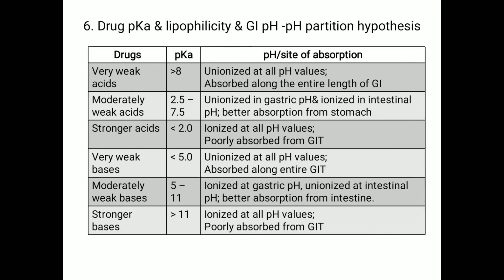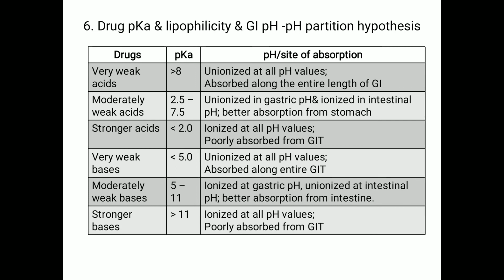Next are moderately weak acids, which are unionized at gastric pH, that is, the stomach pH. The pH of the stomach is about 1 to 3, so in the stomach it will remain unionized, while it will be ionized at intestinal pH because the pH of the intestine is greater than 5 to 6. Therefore such drugs are better absorbed from the stomach.